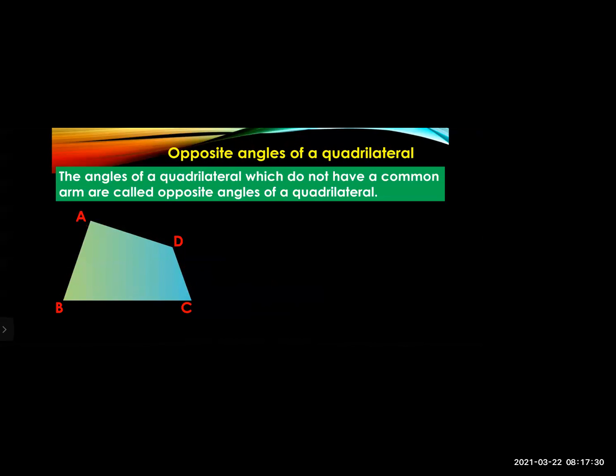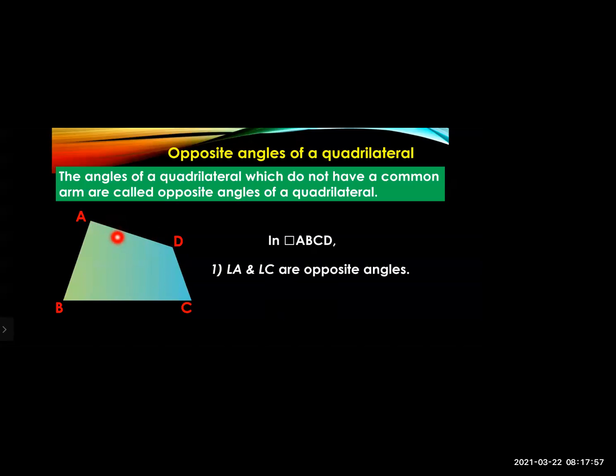Now let's see opposite angles of a quadrilateral. The angles of a quadrilateral which do not have a common arm are called opposite angles of a quadrilateral. Now in this, if you see, there is no common arm. So in quadrilateral ABCD, angle A and angle C. See how we write opposite sides.